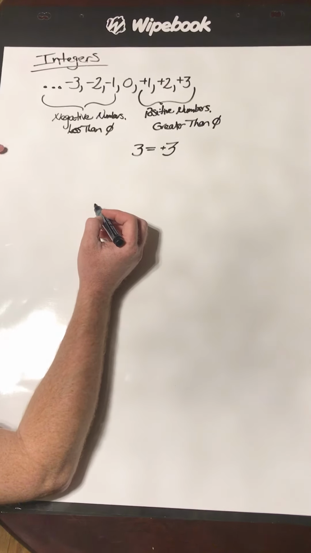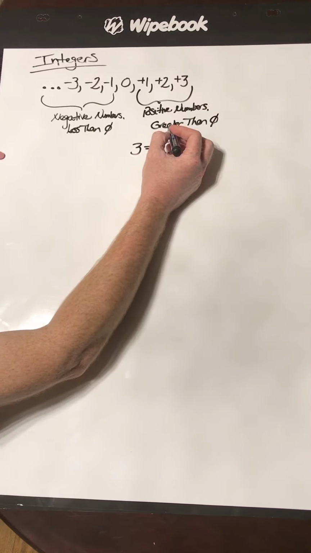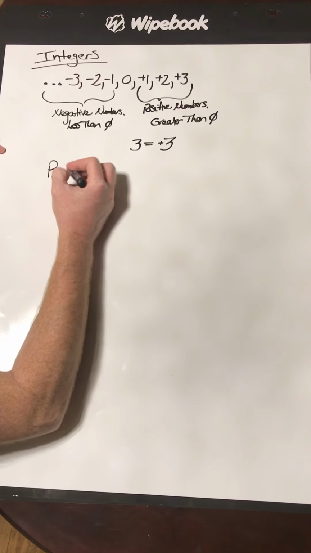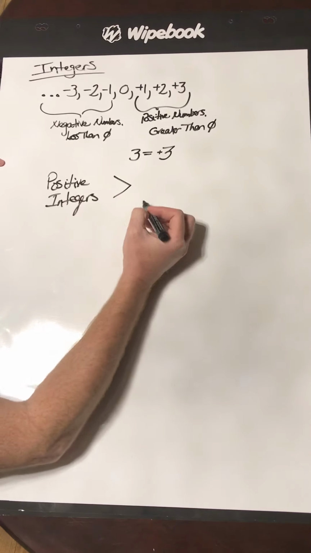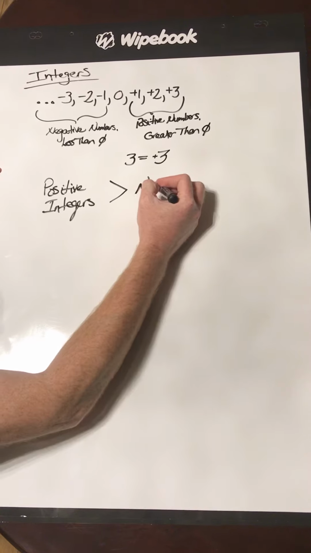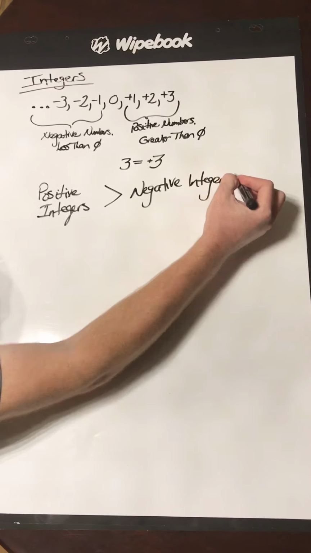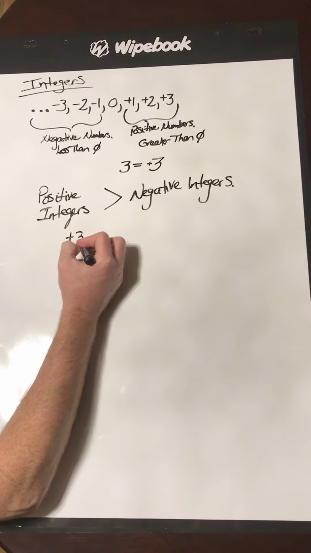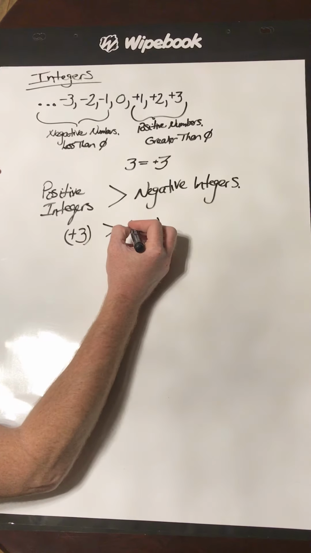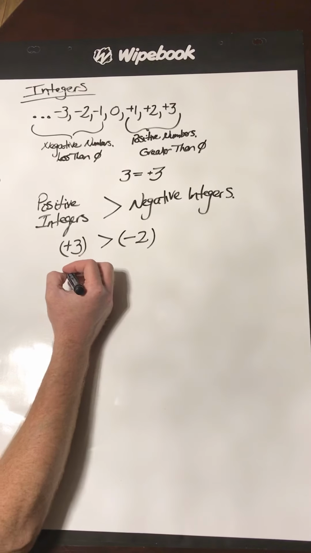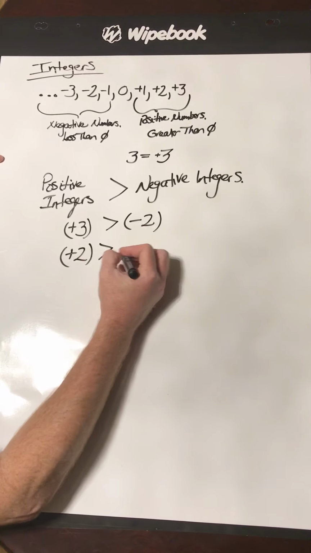When we're looking at integers, we also know that positive integers are always going to be greater than negative integers. So positive 3 is greater than negative 2, or maybe a better one, positive 2 is greater than negative 8.